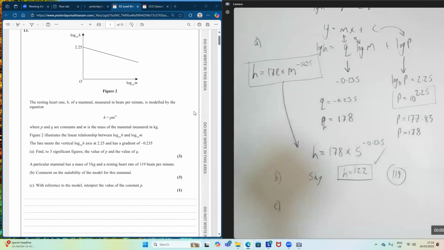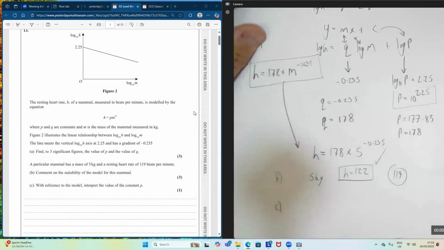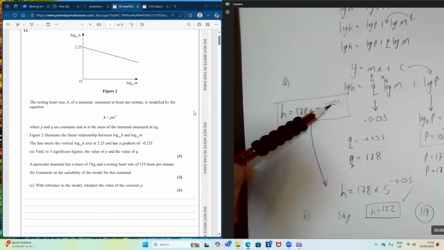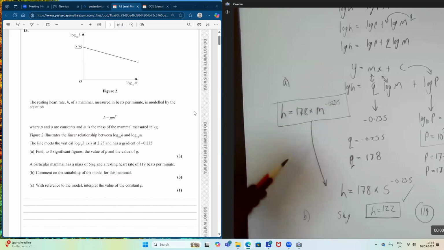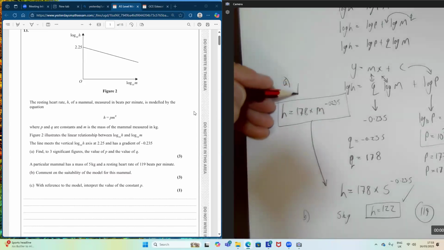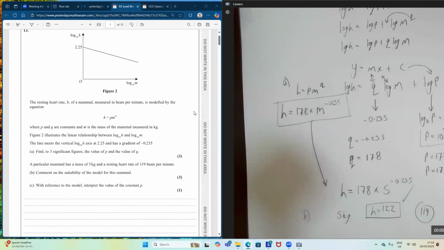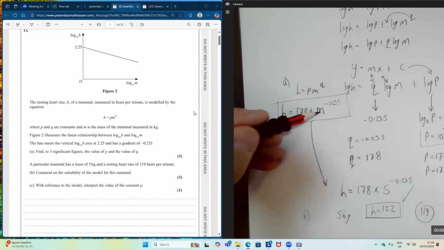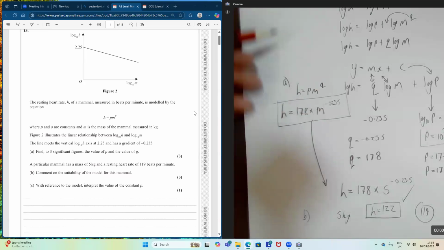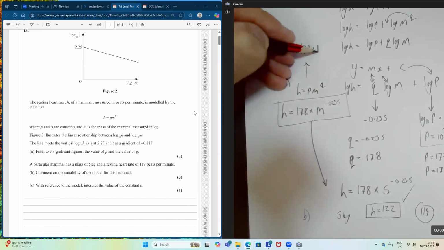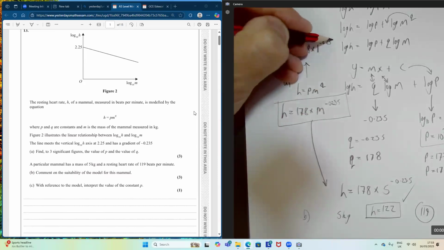The clue to this is we need to look at our equation. Our equation is H is equal to 178 times m to the minus 0.235. Remember, this is H is equal to P m to the Q. Hopefully you would agree with me that if in this equation we had a mass of 1, then our equation would become H is equal to 178 times 1 to the minus 0.235.